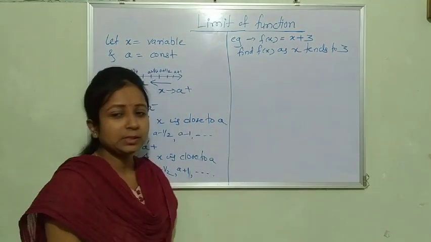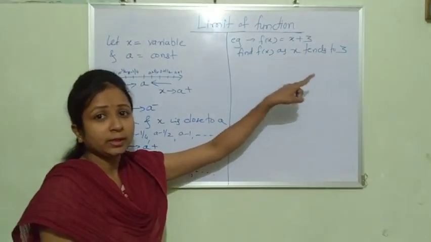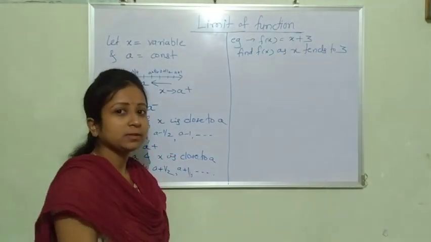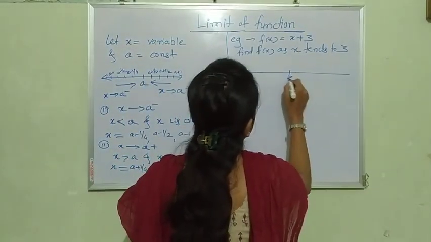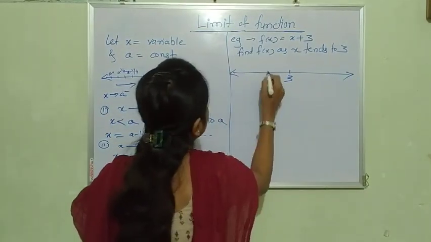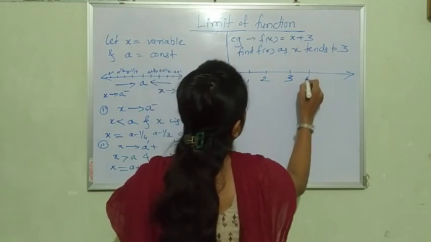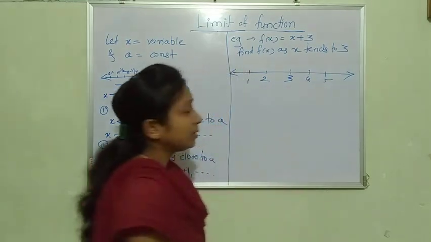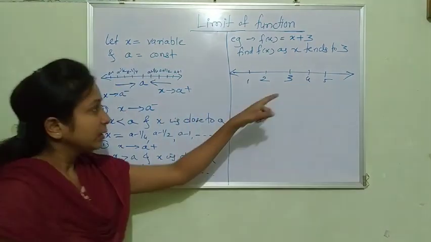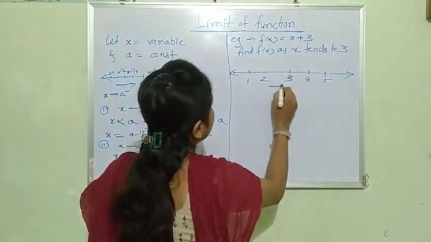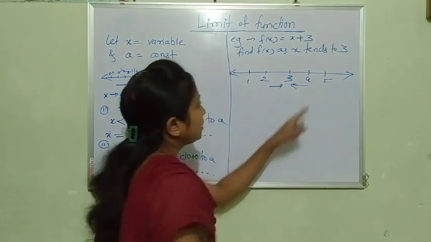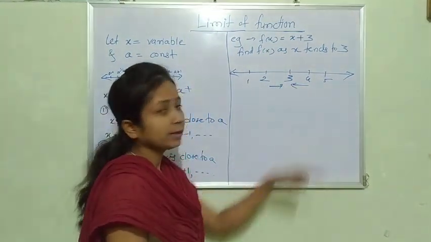X tends to 3 means x is very close to 3 but not exactly equal to 3. As we know, there are two ways: this is my 3, this is 2, this is 1, this is 4, 5. We can approach 3 from the left side or from the right side.